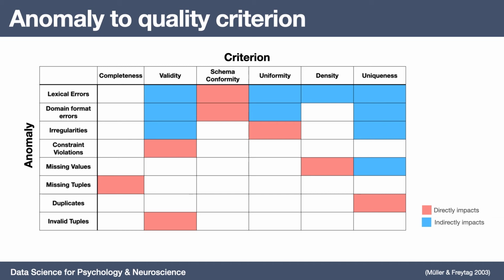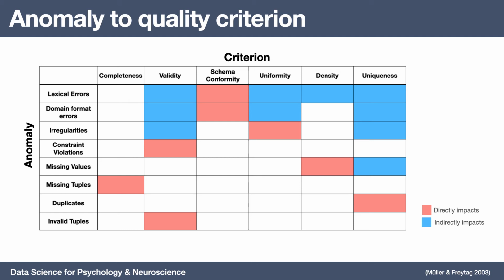But as a result of reducing quality in schema conformity, you also can have consequences in validity, uniformity, density, and uniqueness. Domain format errors, on the other hand, will also impact schema conformity, but will only indirectly impact validity, uniformity, and uniqueness. They don't impact density itself because you still have observations there.